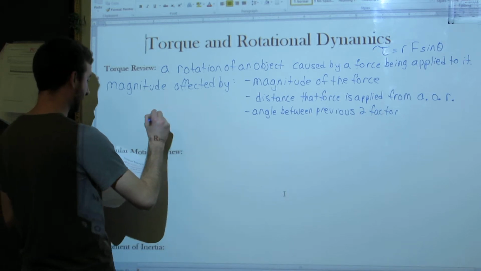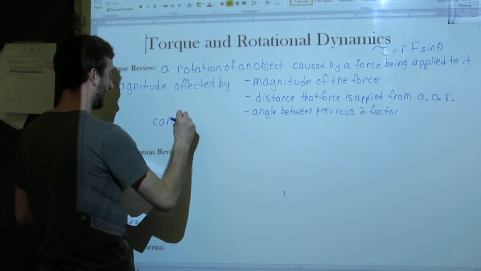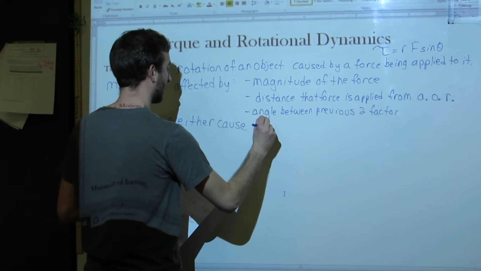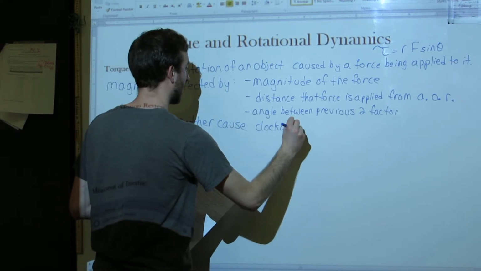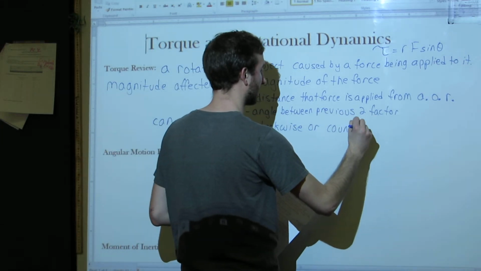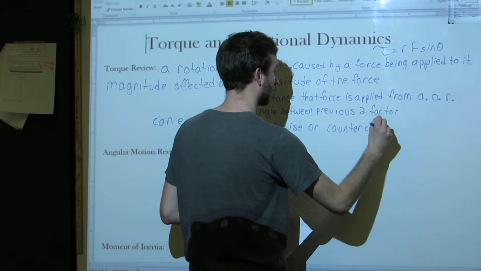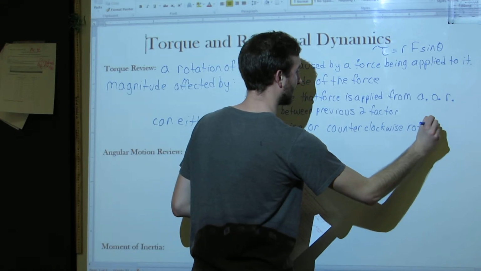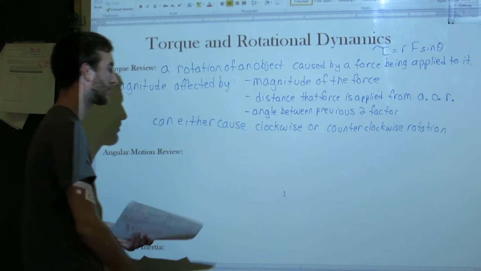Let's see, torques can either cause clockwise or counterclockwise rotation. So 2 different ways that they can cause something to rotate, clockwise or counterclockwise.